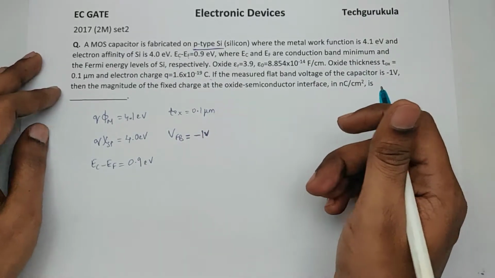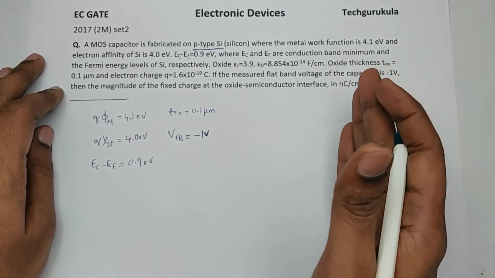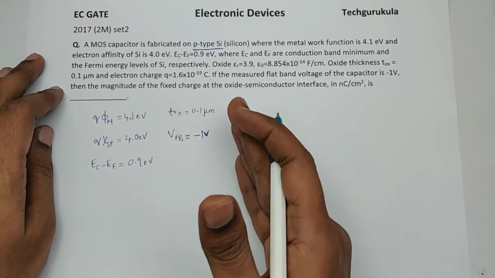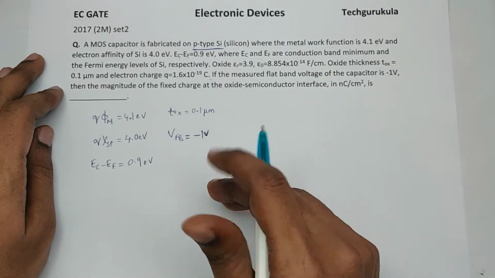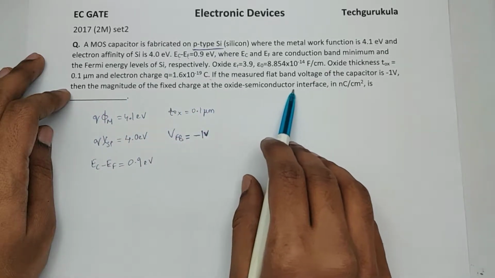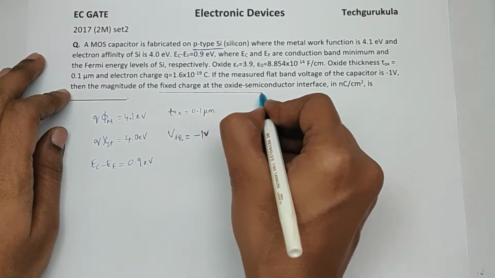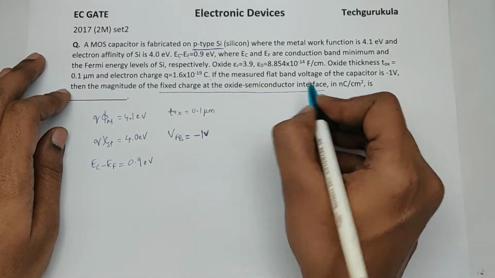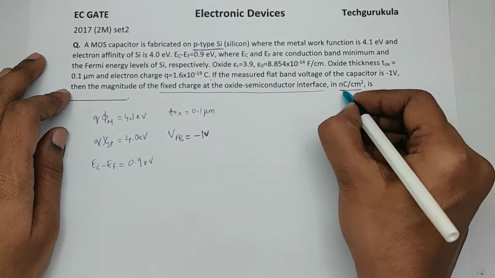Either the work functions of the silicon substrate and the metal are not the same, or charges are present in the oxide. Then we need the magnitude of the fixed charge at the oxide-semiconductor interface, in nanocoulombs per centimeter square.